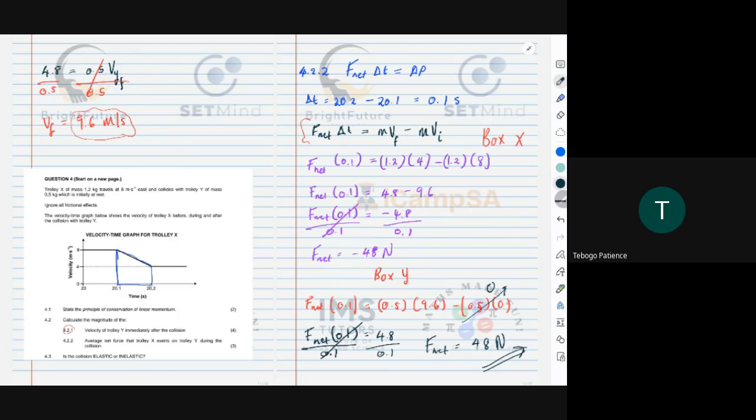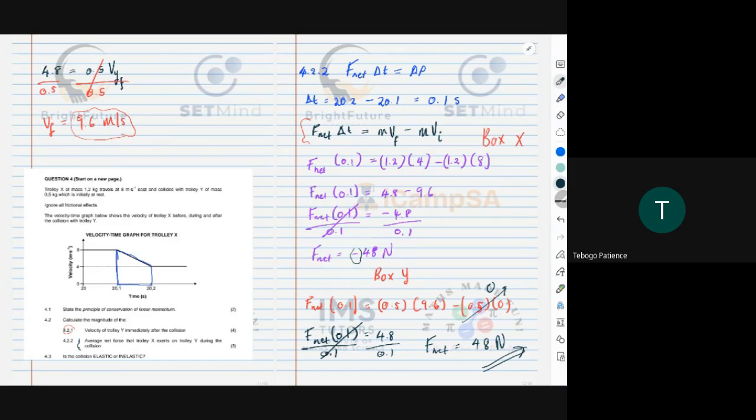Okay, so you see, it doesn't matter in this case which box we have used, right? So here, they want only the magnitude. Since they want only the magnitude, there would be no need to put a sign. You can just put 48, right? But you have to be careful because in this case here, you have a negative.